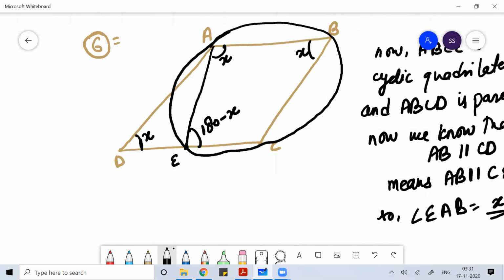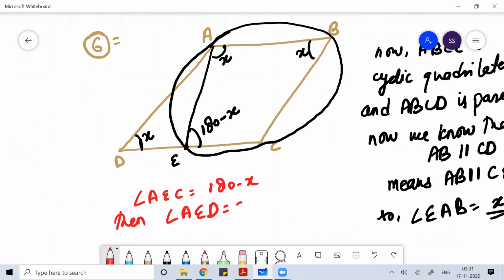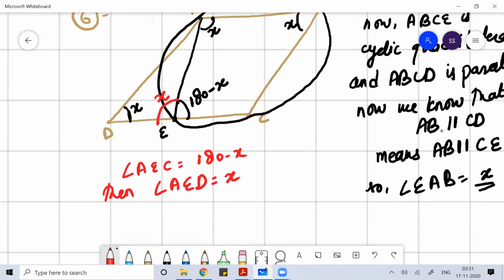Okay, now it's very easy. Why was I wasting my time? So now angle AEC is 180 minus x. Then angle AED would be x, because DEC is a straight line.